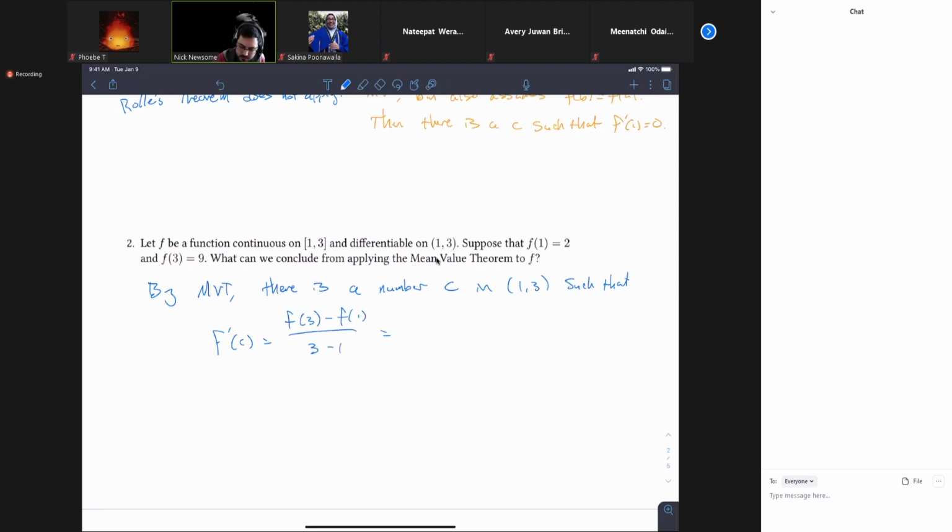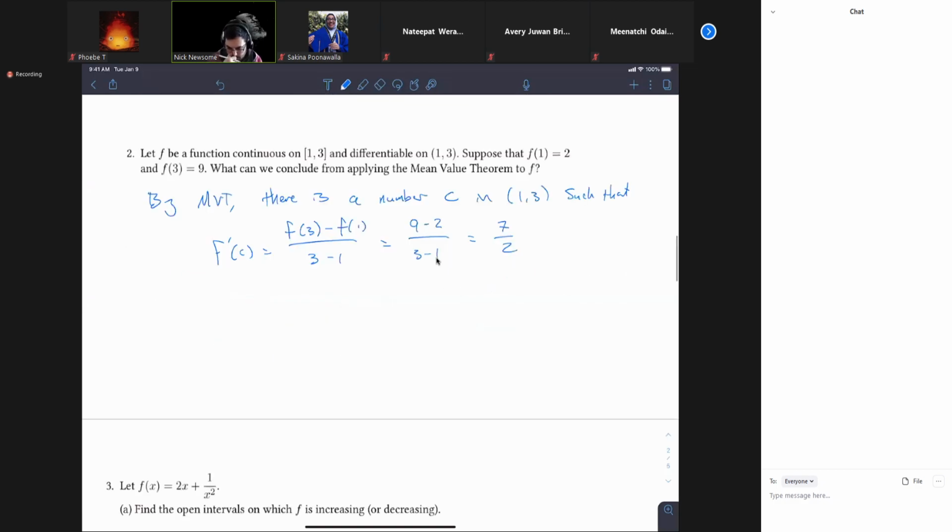And since we know what these things are, we can be more explicit and say that there's some number in the interval 1 to 3 where f prime of that number is 7/2. All right. So that's what the numbers say.